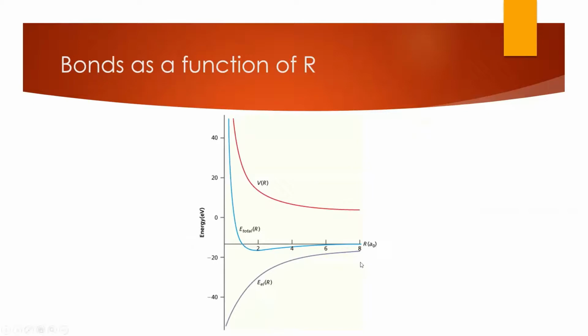So the electronic energy function always decreases as the two atoms get closer together, whereas the nuclear potential increases, right, as we try to put two nuclei in the same spot. When you add these two things together, you end up with a happy medium here, where the actual bond length is the compromise between the two.